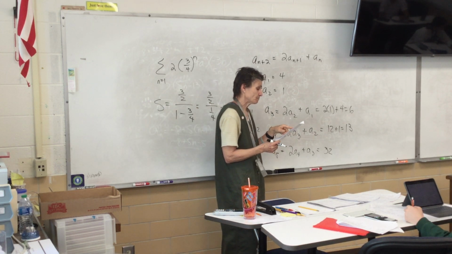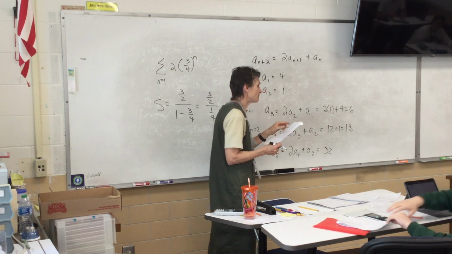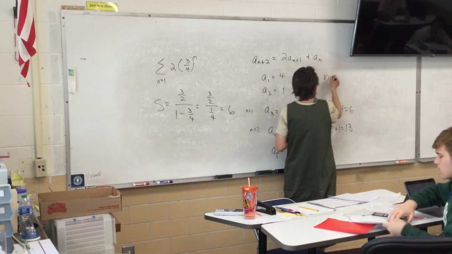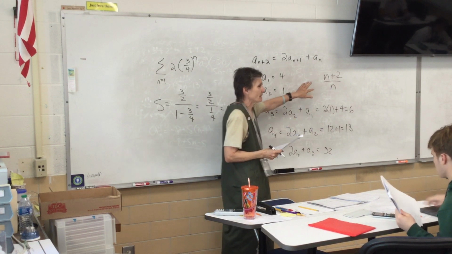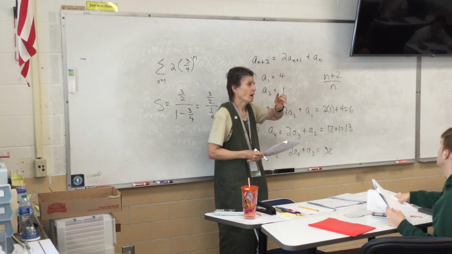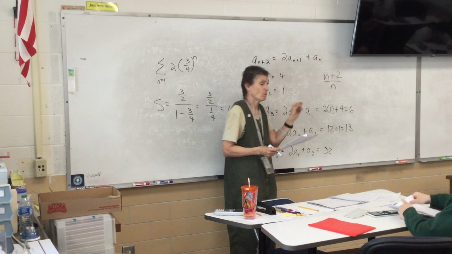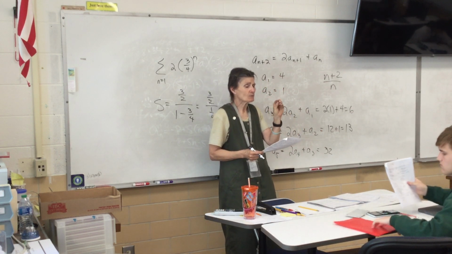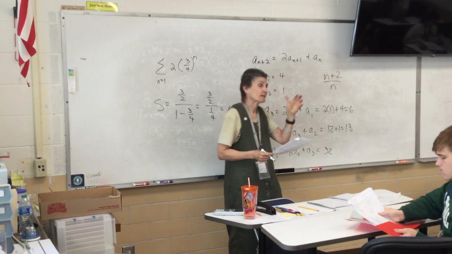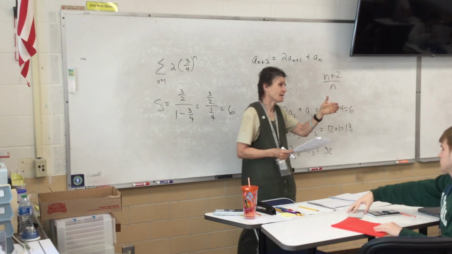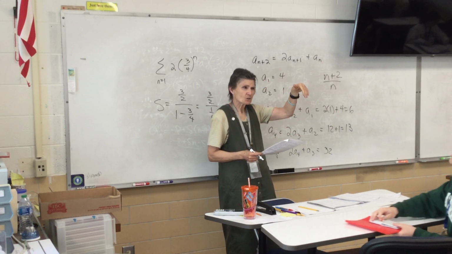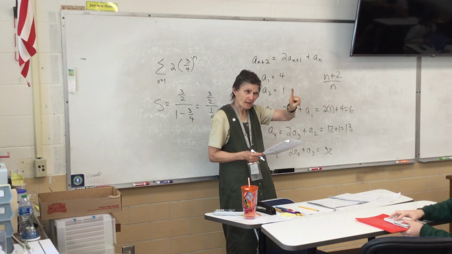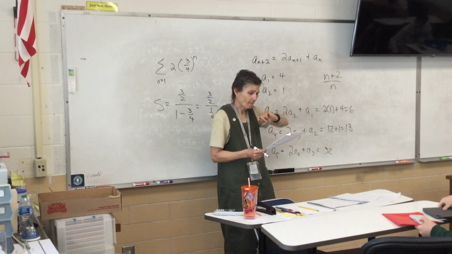So, if the top number is two more than the bottom number, what would the limit of that be? One. I heard some of you say zero. It's not ever gonna get close to zero. Well, I mean, it's gonna get close to zero, but that isn't its limit. Because won't the top always be bigger than the bottom? So won't it always be a little bit bigger than one? Yeah.